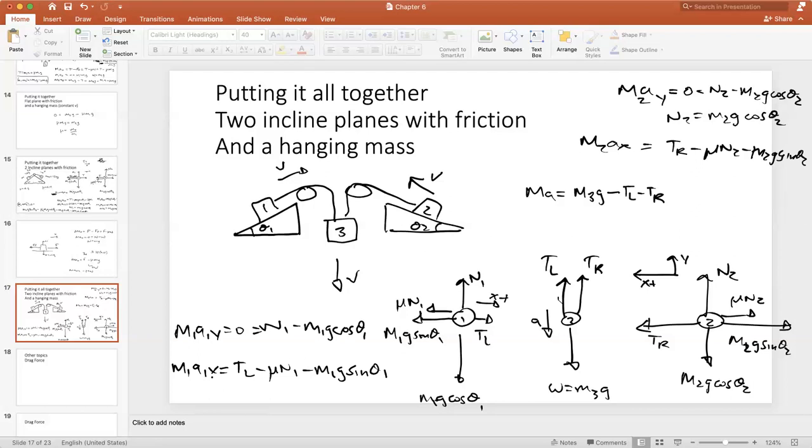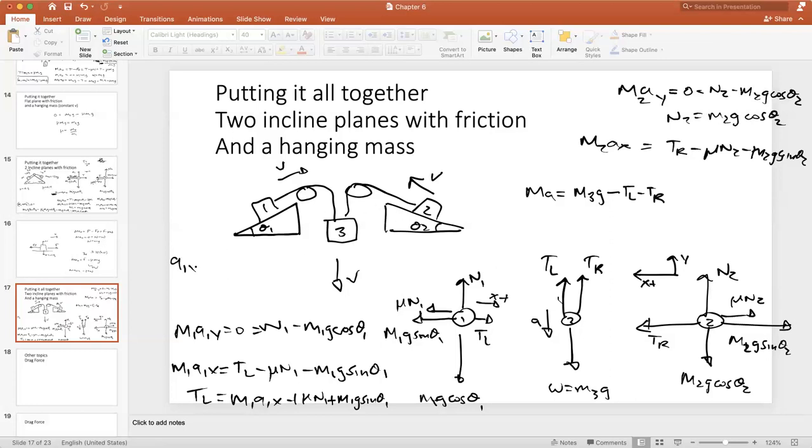Now, solve this for TL, and what do you get? You get TL is M1 A1X plus mu N1 plus M1G sine theta 1. Now, I need to note that however this guy moves, because these are stretchless massless ropes, we assume that these two move with the same acceleration.